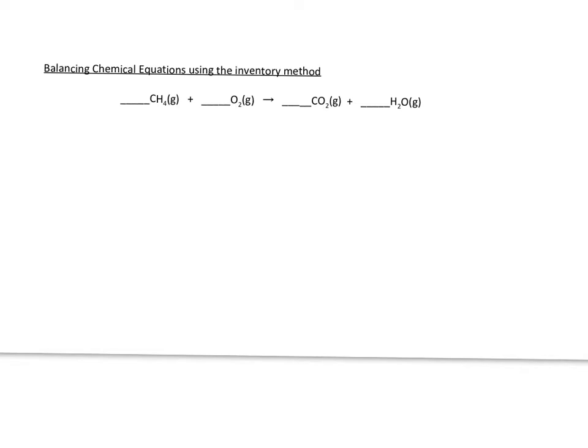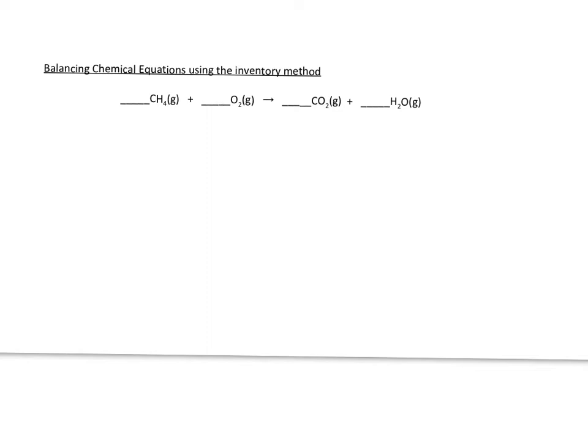Okay, so that's the goal. Now, the only thing that we can work with here are the coefficients. So the numbers that go in front of these symbols are the only numbers that can be changed. We cannot touch the subscripts, okay?